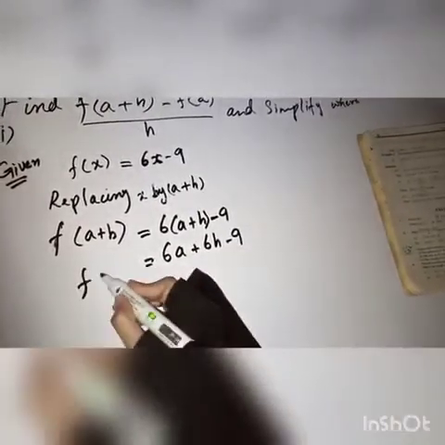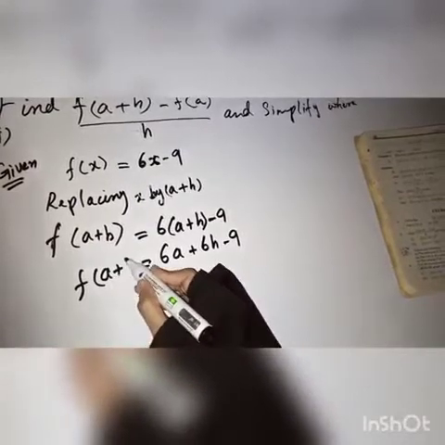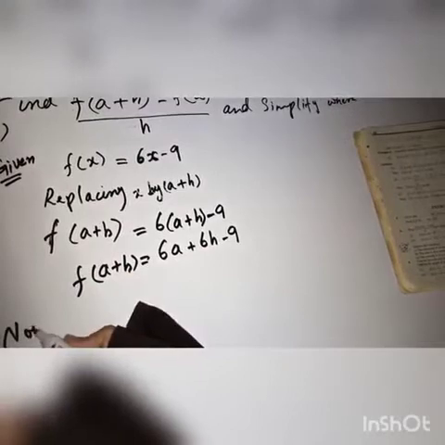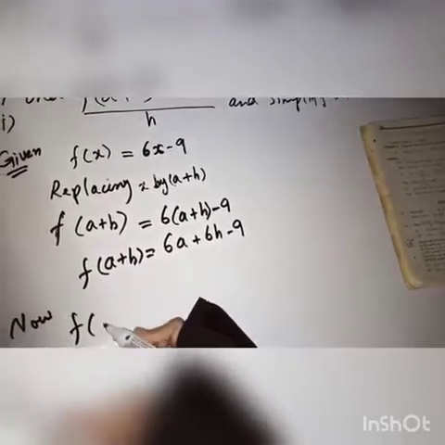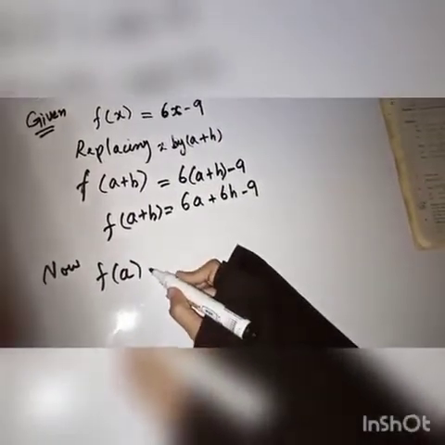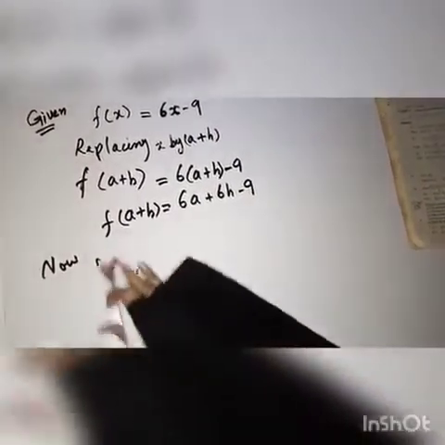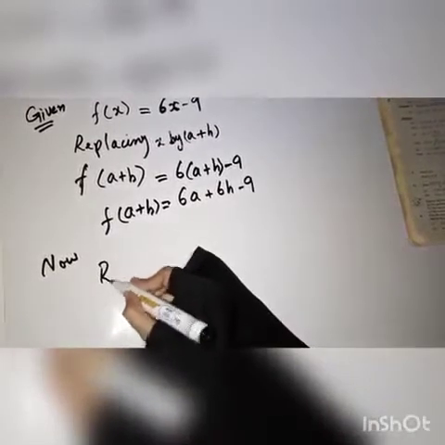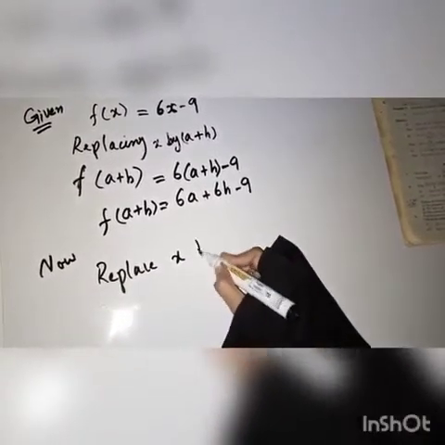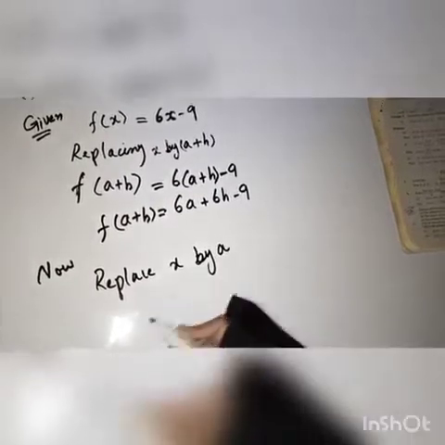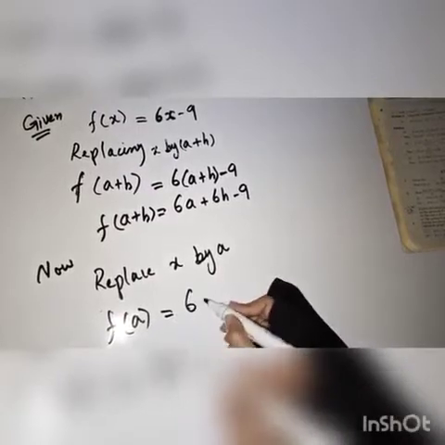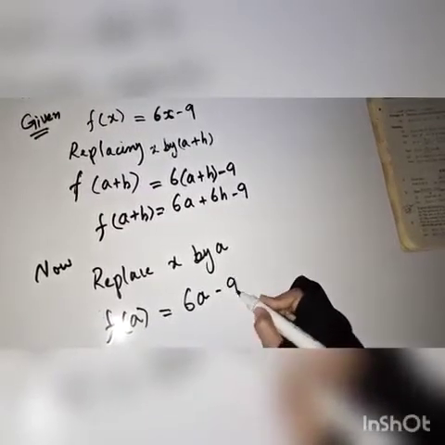So we have calculated the value of f of a plus h. Now find f of a by replacing x with a. F of a is equal to 6a minus 9.